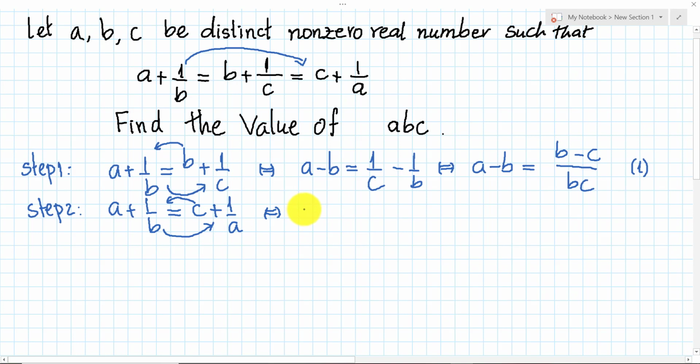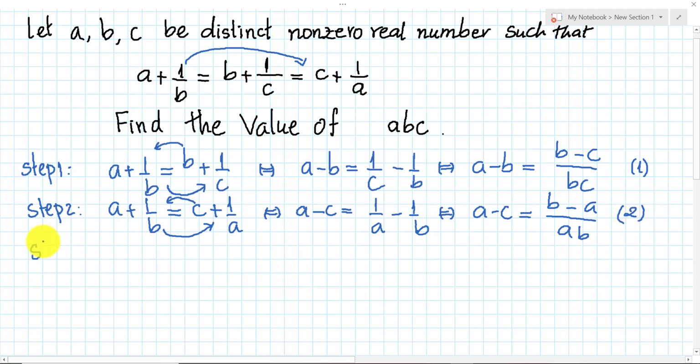You get A minus C equals 1 over A minus 1 over B. And then we get A minus C equals B minus A over AB. And I call it the second equation.